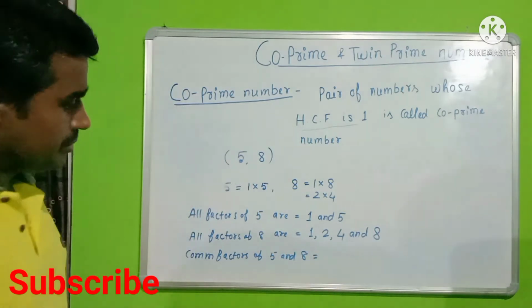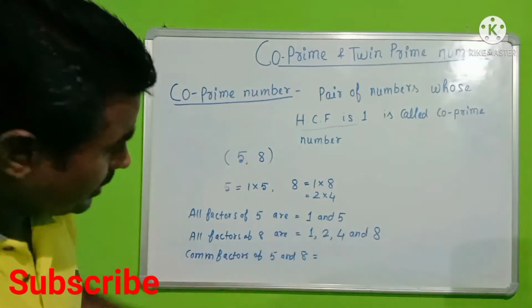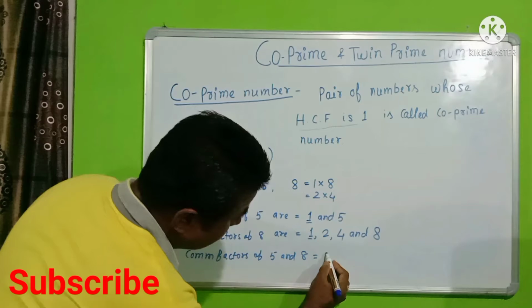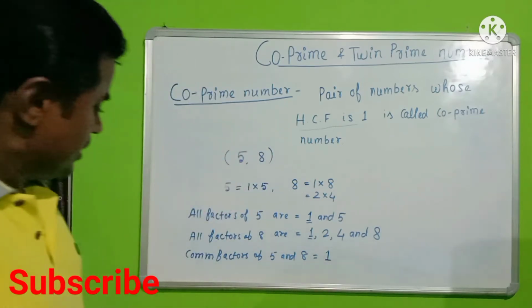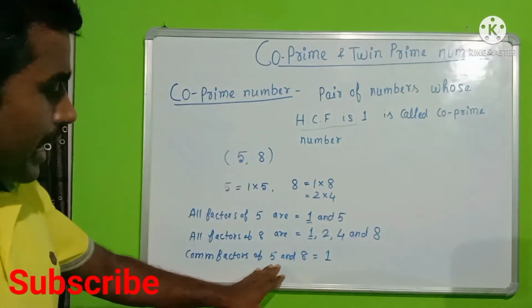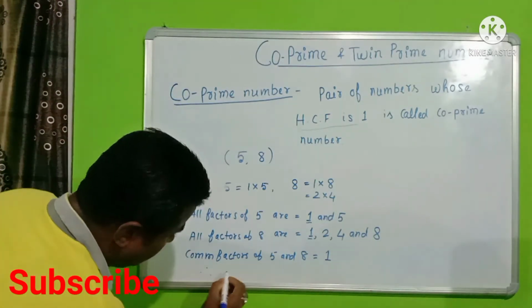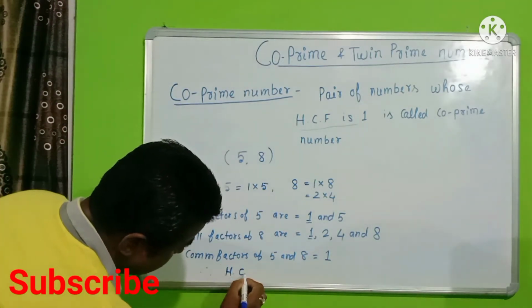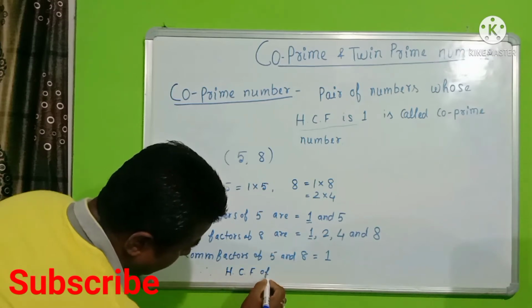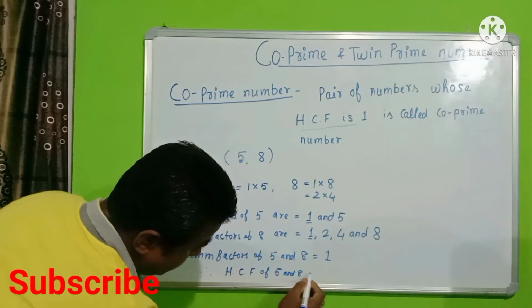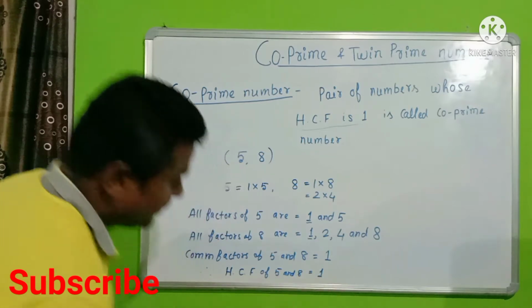You observe, in 5 and 8 we have only common factor 1. Therefore HCF of 5 and 8 is 1.